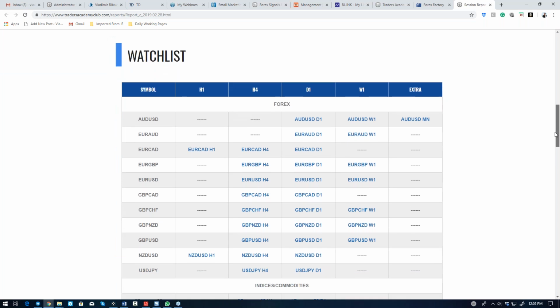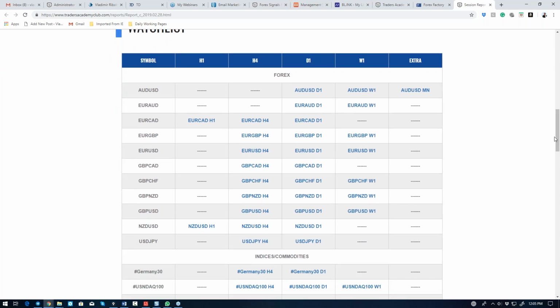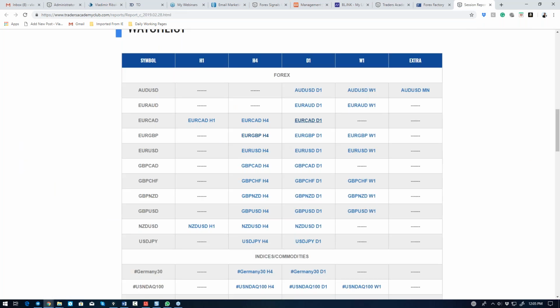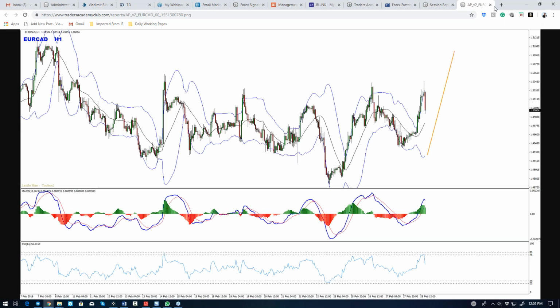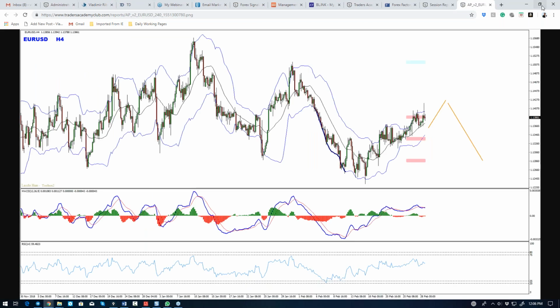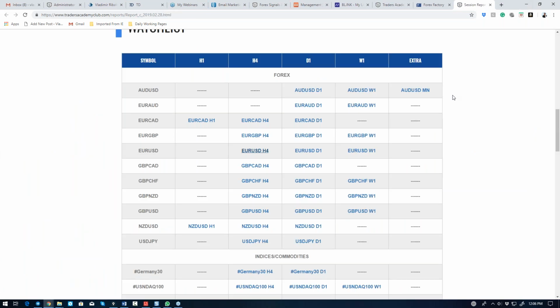And this is our watch list, what we are looking to trade and how. So what you have to do basically is click on any of the images. It opens the chart for you, for each of the instruments, so you can work with that.